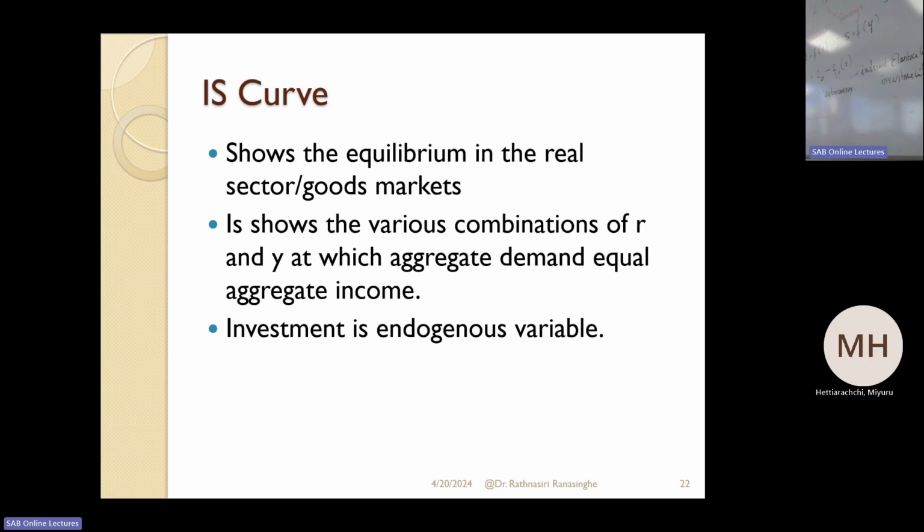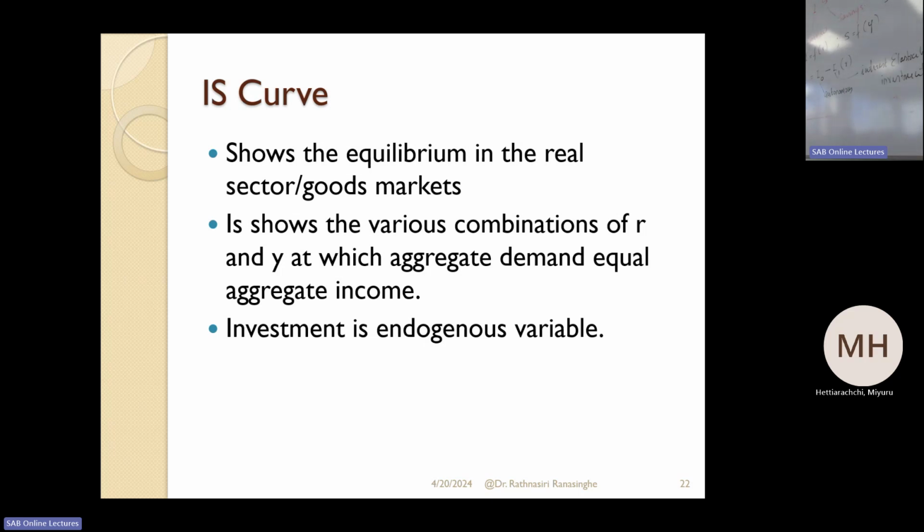How do you explain the real sector equilibrium? There are two conditions for equilibrium. One is that aggregate demand should be equal to aggregate supply. The other is that injections should be equal to leakages. Now we can assume different forms.